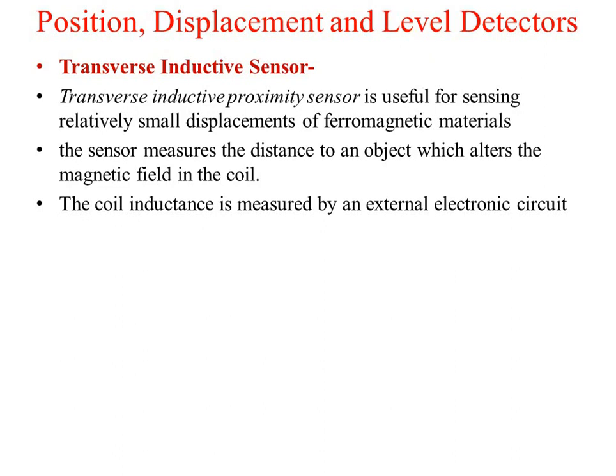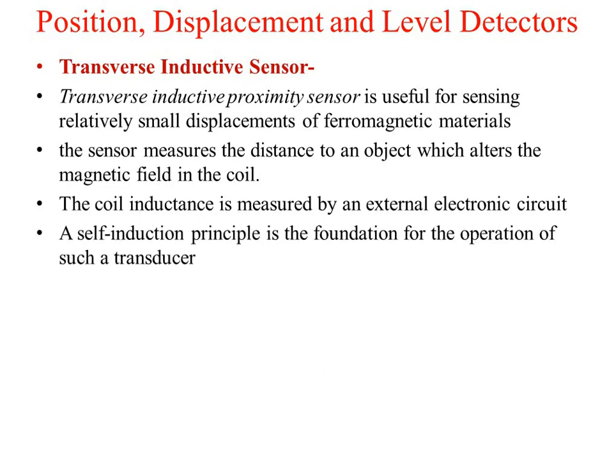We know that whenever there is a displacement of magnetic or ferromagnetic material, the flux linkages change, that is, the self inductance and mutual inductance change because of flux linkages, and that inductance is measured with the help of an external electronic circuit, and that inductance will be proportional to the displacement. So the self inductance principle is the foundation of the operation of this type of transducer.